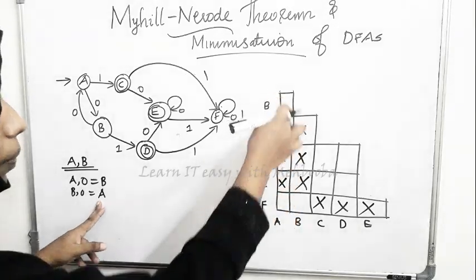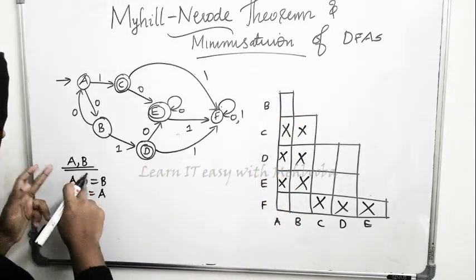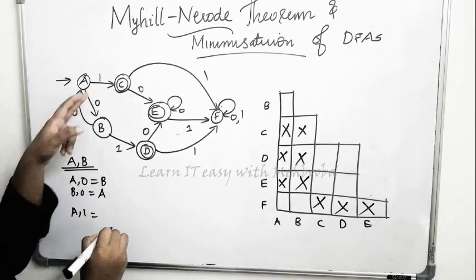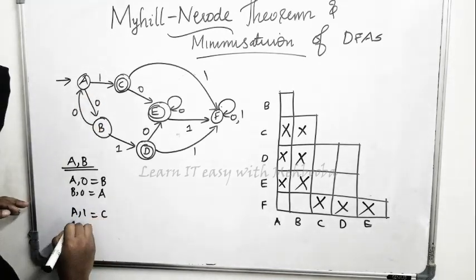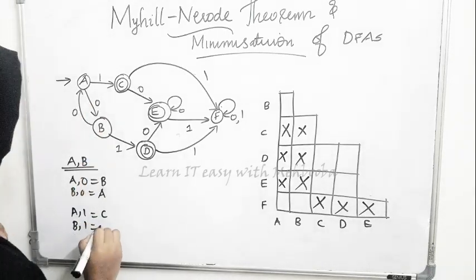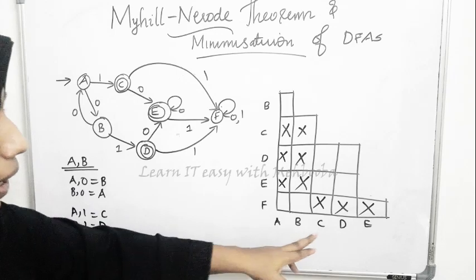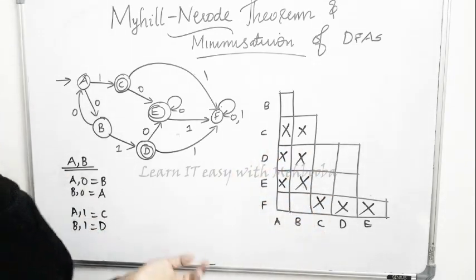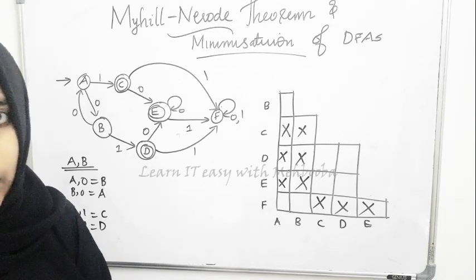So that is not marked, so we can't mark the pair AB now. Now A on 1 goes to C, and B on 1 goes to D. So the CD pair is not marked, so we can't mark this. So for AB we still can't decide on a marking.